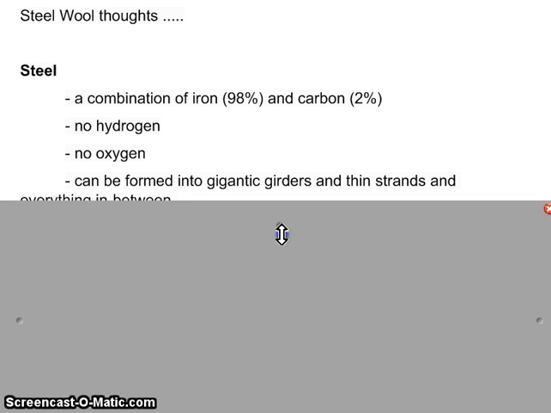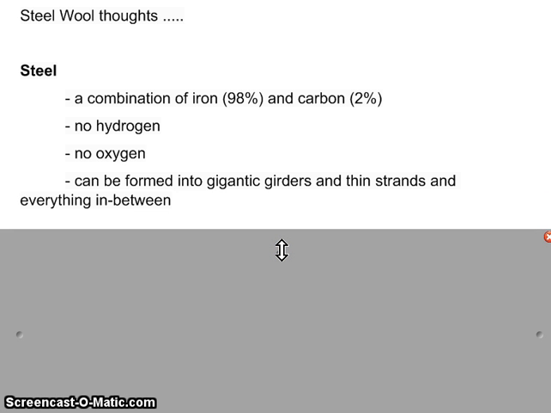So what I shared with the students was this: steel wool is really mostly iron and a little bit of carbon, and some of you may notice some black soot coming out of the burning process, and that was likely to be carbon.